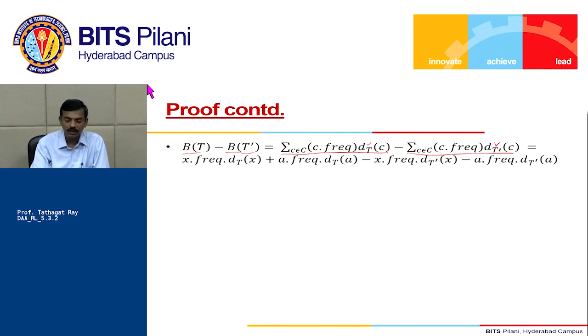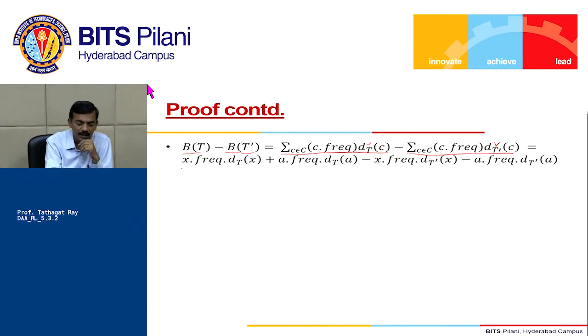If I notice, all the characters in T and T prime are intact. The only thing which has changed is that between A and X there is a flip. So all those frequencies will cancel out.